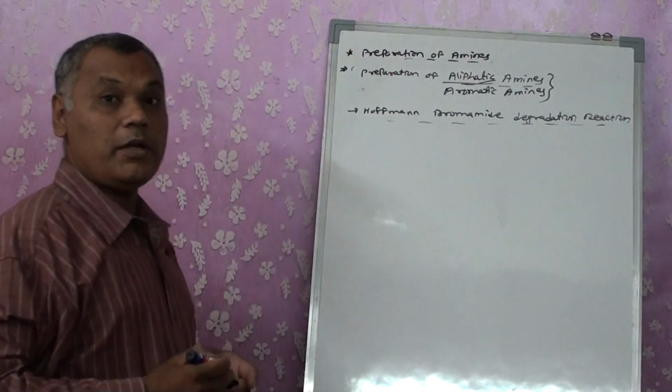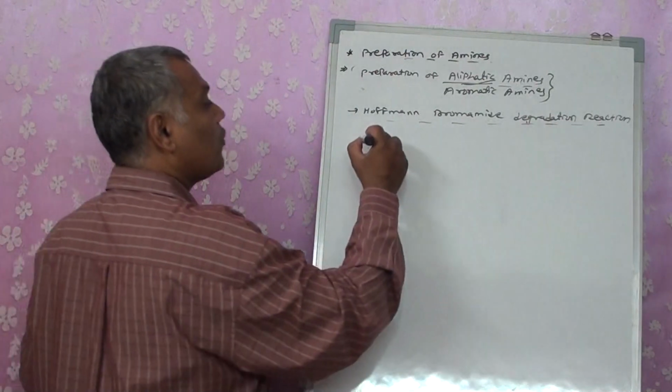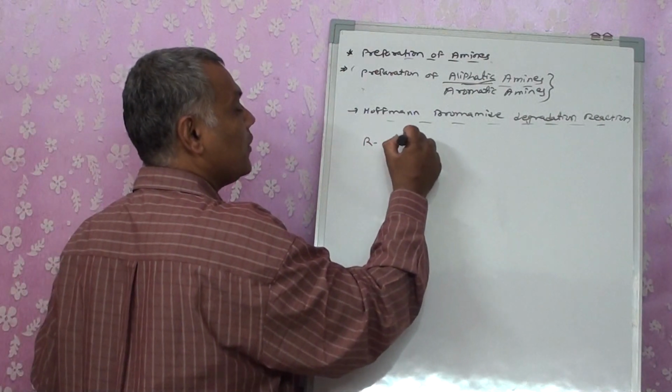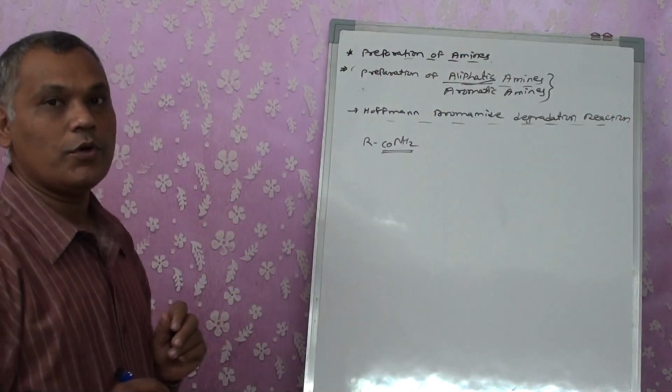Now, the Hofmann bromamide degradation reaction is also carried out by using amides only, RCONH2. It's the same functional group, right?